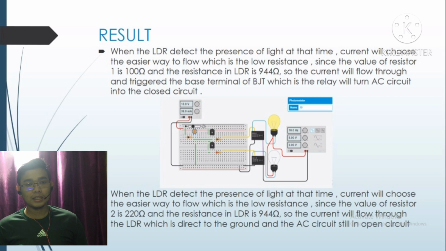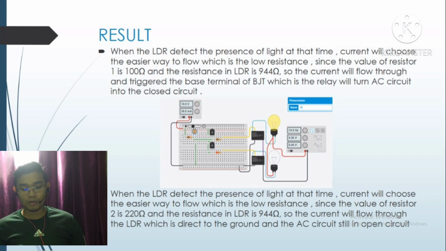So what happened to the other bulb, which is turned off? This is the explanation. When the LDR detects the presence of light, current will choose the easier way to flow, which is the low resistance.